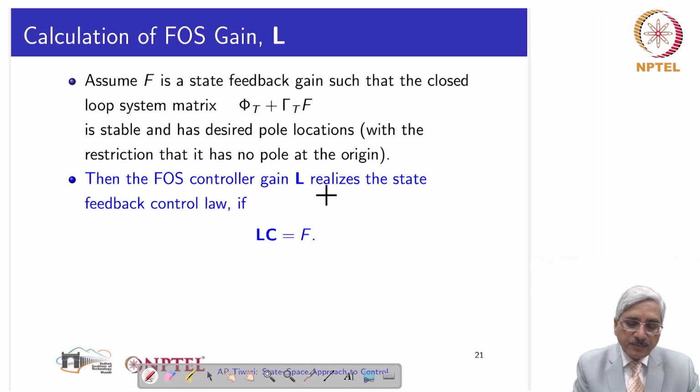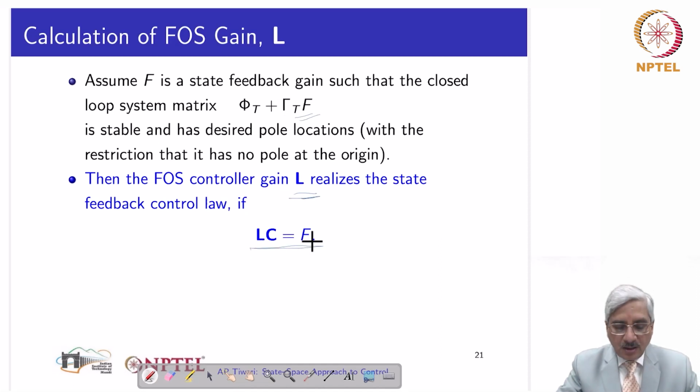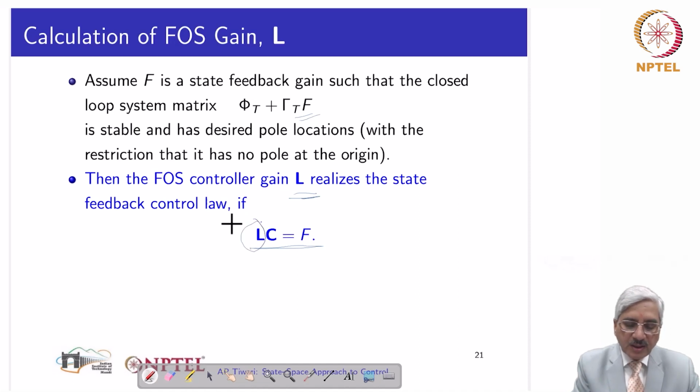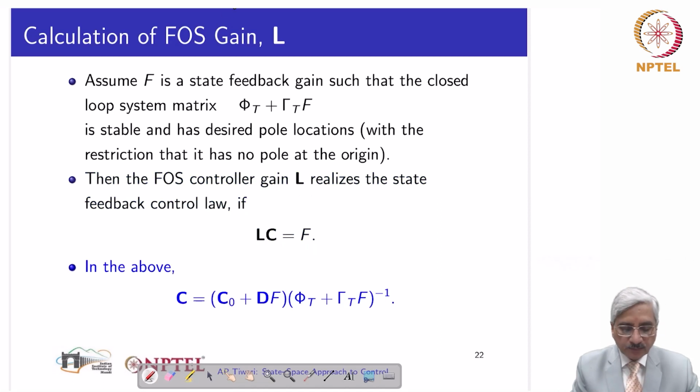This is the first task to be done, and we will derive this relation. The fast output sampling controller gain L, which realizes this F, is given by this relationship. Boldface L times boldface C, this product should be equal to F. And if an L is obtained, then F will be realized. C is known. C is given here.